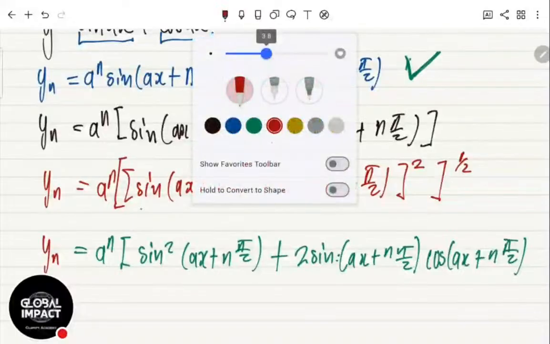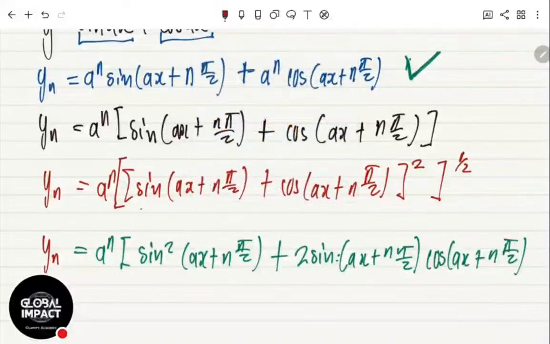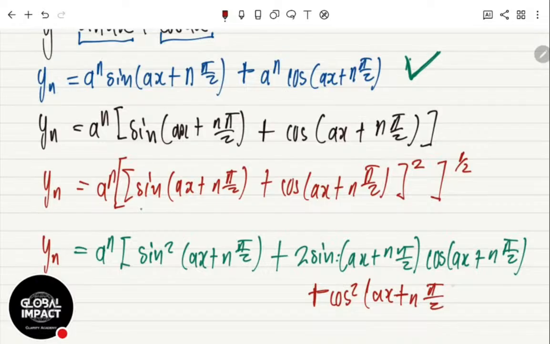Then you add the square of the last thing, which is cos squared of ax plus n pi over 2.